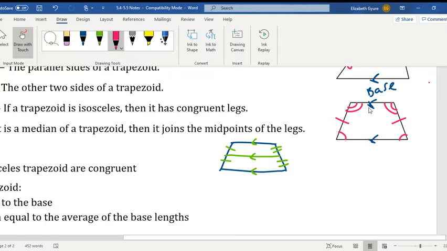Same thing's going to happen here. This time, you're going to have your congruent base angles, so on either side of your base, but then the ones in between your bases are going to have to be supplementary. So for example, if this angle is 100 degrees, this angle is going to have to be 80 degrees. Okay.